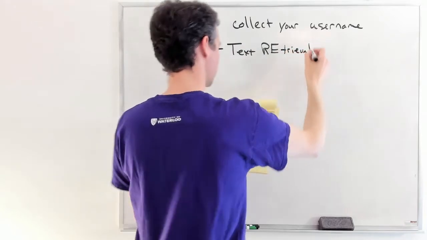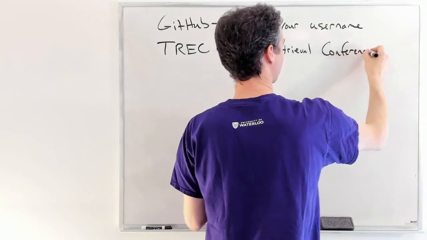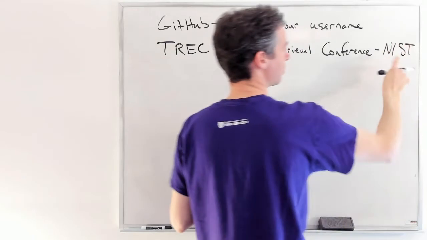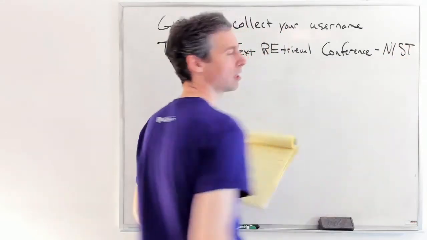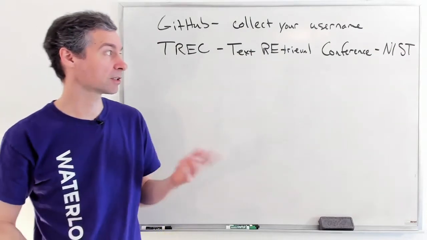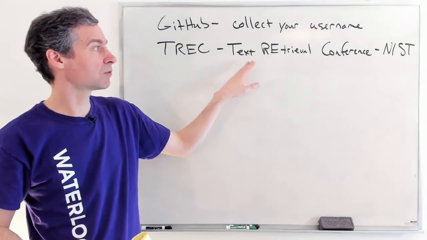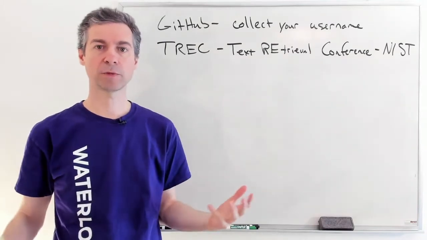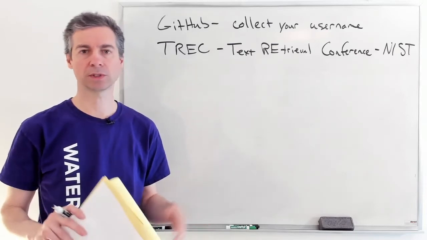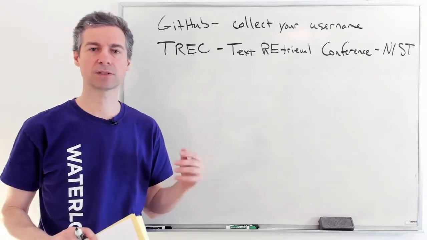It's about 30 years old now, and it is run by the National Institute of Standards and Technology outside of Washington, D.C. It's actually in Gaithersburg, Maryland. This is an annual conference. Information retrieval researchers participate in it. We hold what we call separate tracks. Each track investigates different aspects.